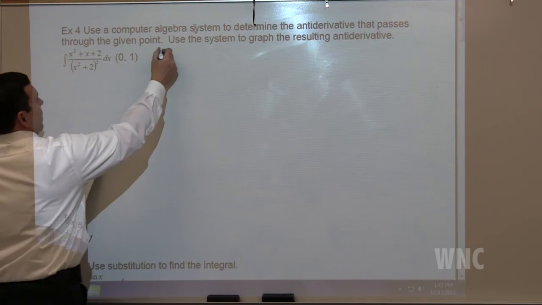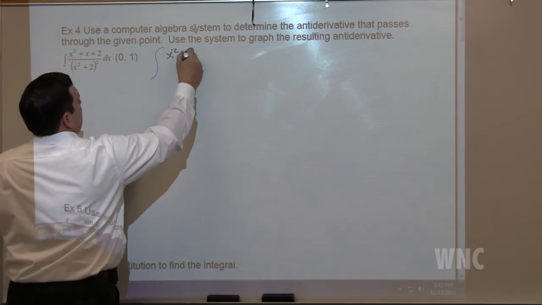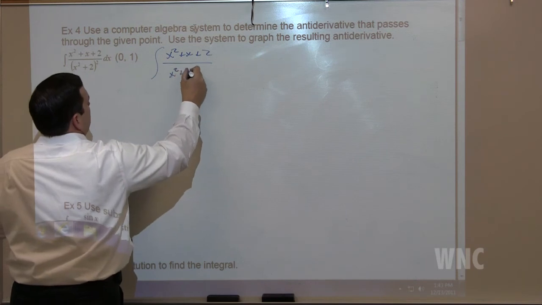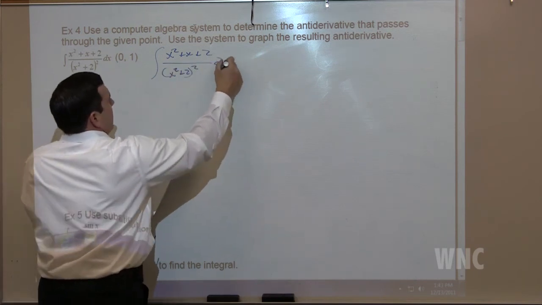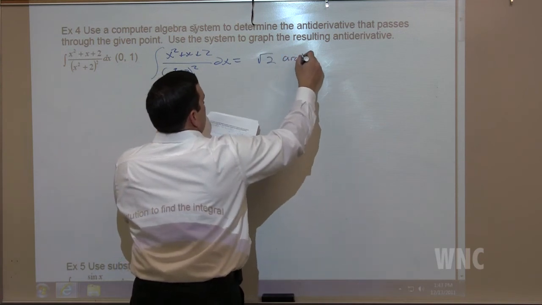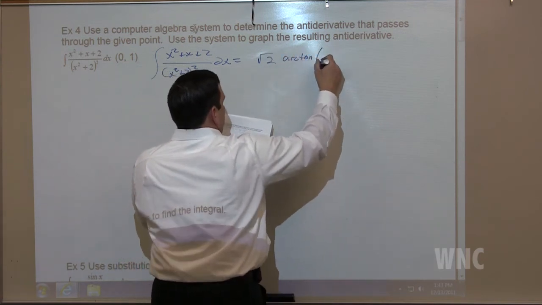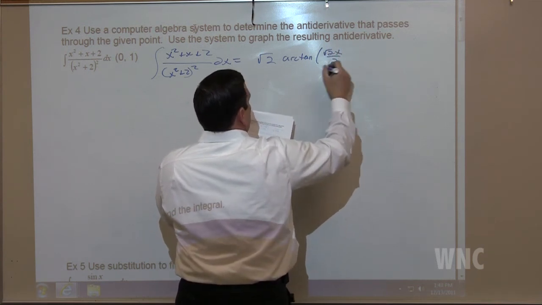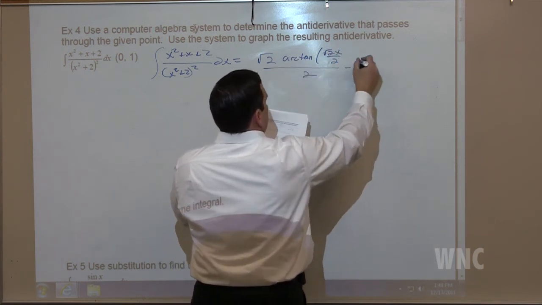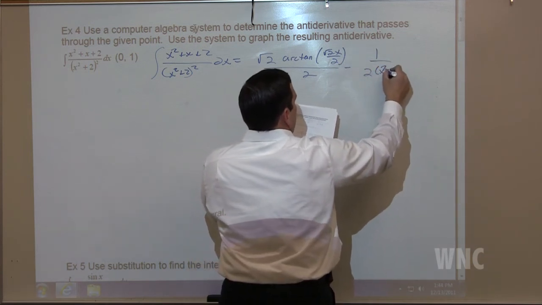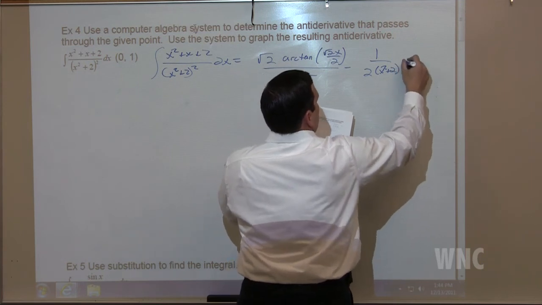Okay, so our integral of (x squared plus x plus 2) over (x squared plus 2) squared dx is the square root of 2 arctangent of (square root of 2 x over 2), all over 2 here, minus 1 over 2 times (x squared plus 2), plus c.